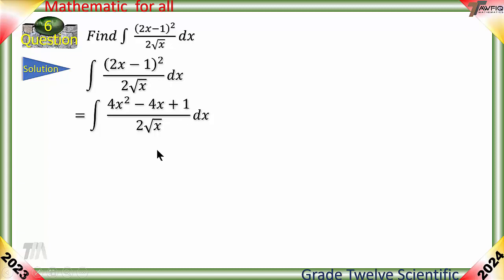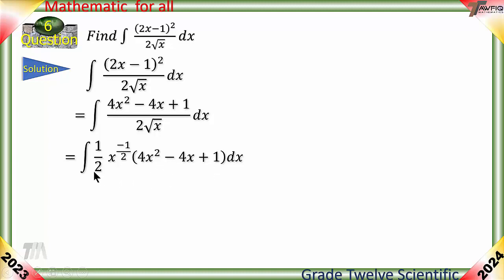And now it becomes 1 over 2. Take this square root, convert it to the power, and take it from the denominator to the numerator and change the sign of the power. It becomes x to the power minus 1 over 2 times 4x squared minus 4x plus 1.